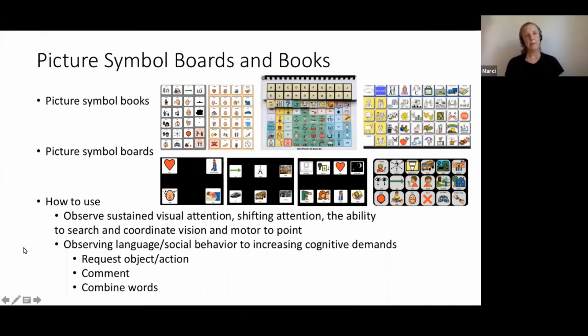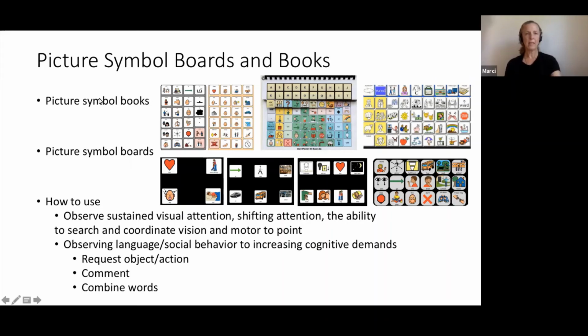Here's some examples of picture symbol boards and books. We have this book and this book, the first 2 on the top line, available to hand out to families. We try to keep those in stock in the clinic so that the child can walk out with something to work on at home.